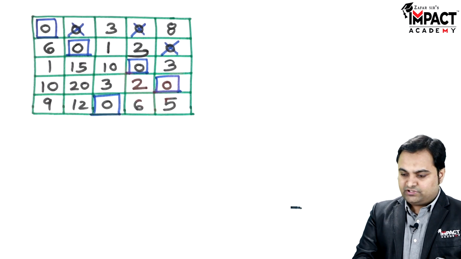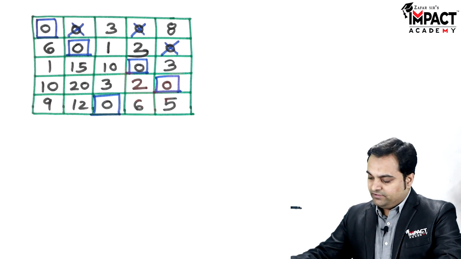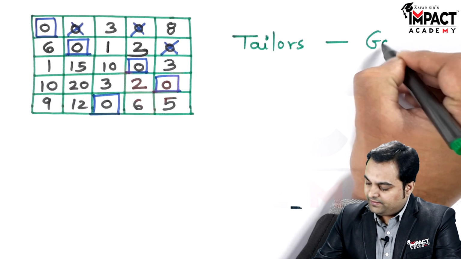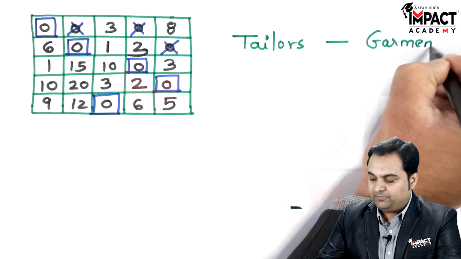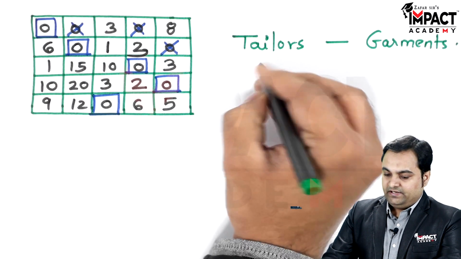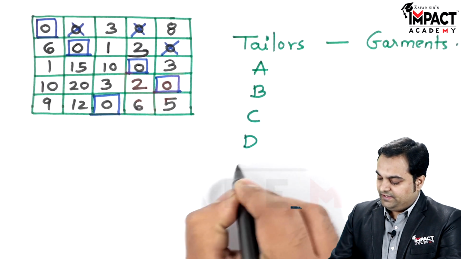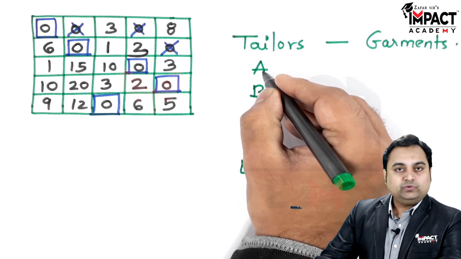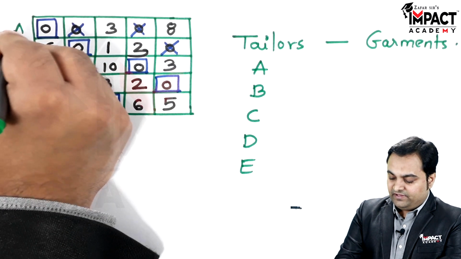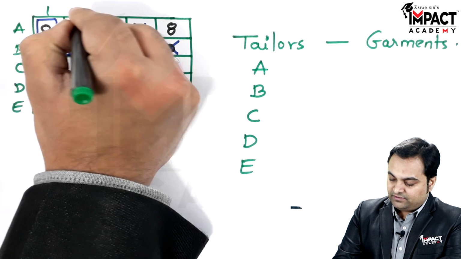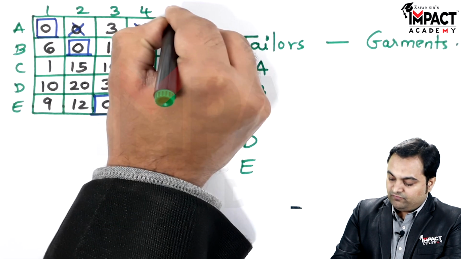So the question was asked in this way, that there are 5 tailors, and they are making 5 different garments. So the tailors are denoted by A, B, C, D and E, and these are the garments 1, 2, 3, 4 and 5.